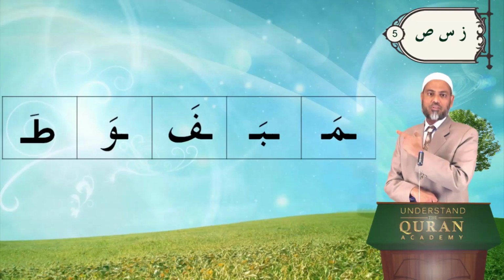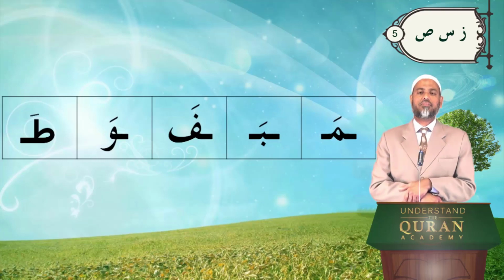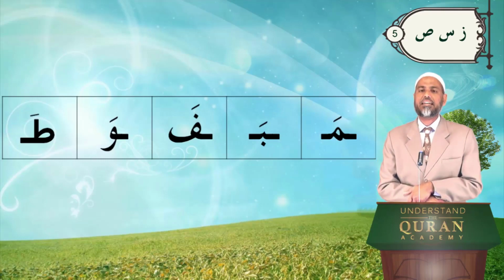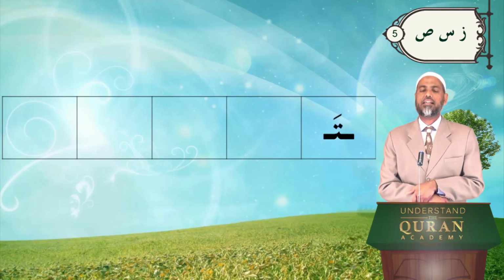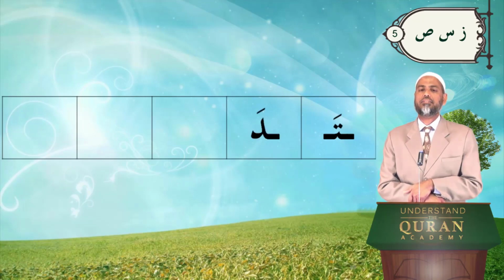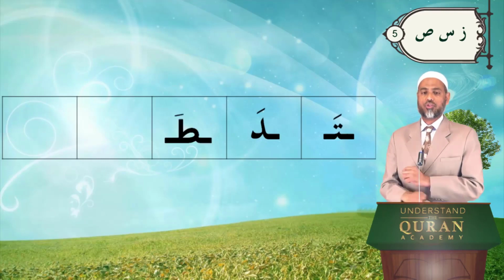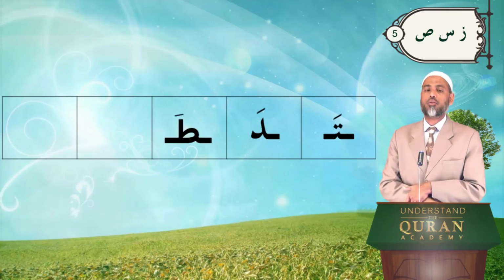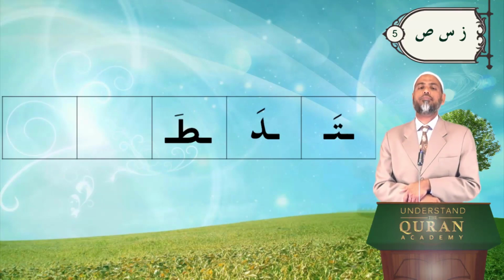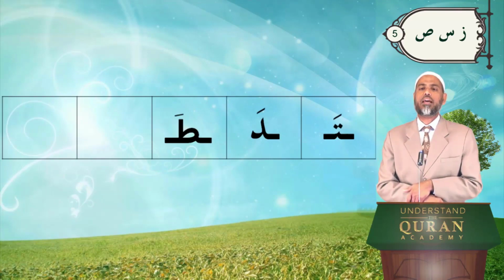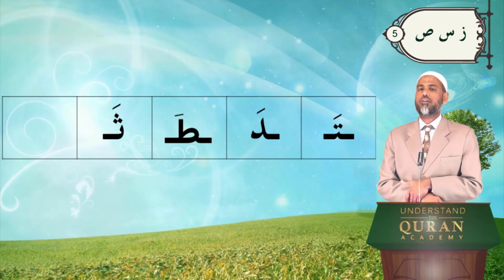So this is without a dot. Ta, ta. Da, damaged donut with a connector at the bottom, da. Ta with a stick there, and no dot means it is not dha, it's ta. Tha, three dots, tha.